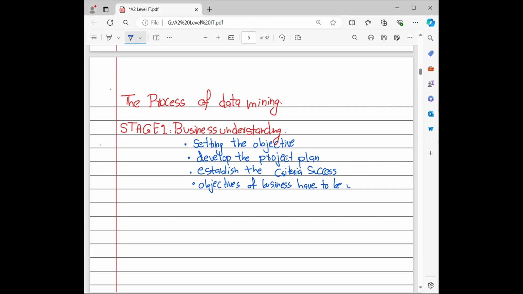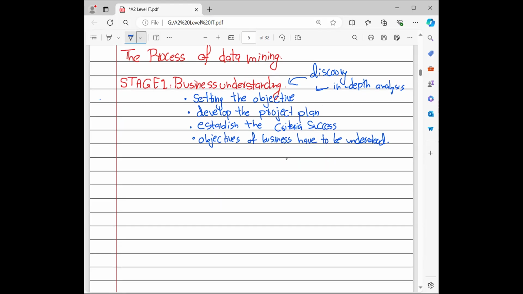The business understanding stage is basically the area where you are discovering your business, you are exploring it, you are taking in-depth analysis to check what is the overall understanding of your business. Once your business has been established, then you can move on to the other stages, like you can look for the resources available. So this is the first stage.